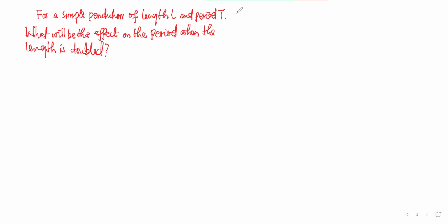Yes, make me proud. So, for a simple pendulum of length L, what will be the effect on the period when the length is doubled? So 5 minutes, make me proud.